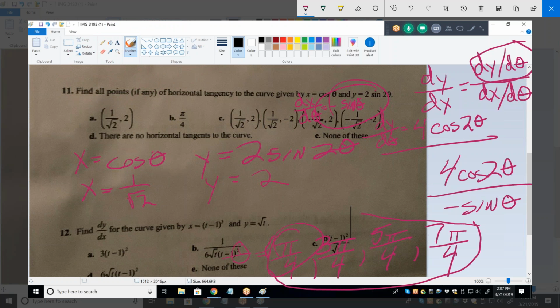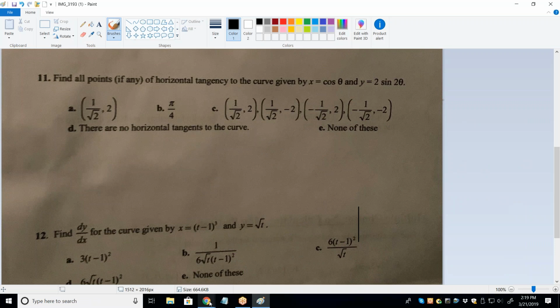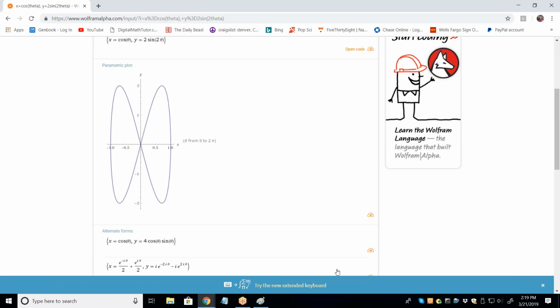Okay, so there's a point right there that looks like our answer. That was just for pi over 4. What that tells us, in other words, is that we could do the math, but we don't need to. If you look at the curve, the point we just figured out was this one right here.